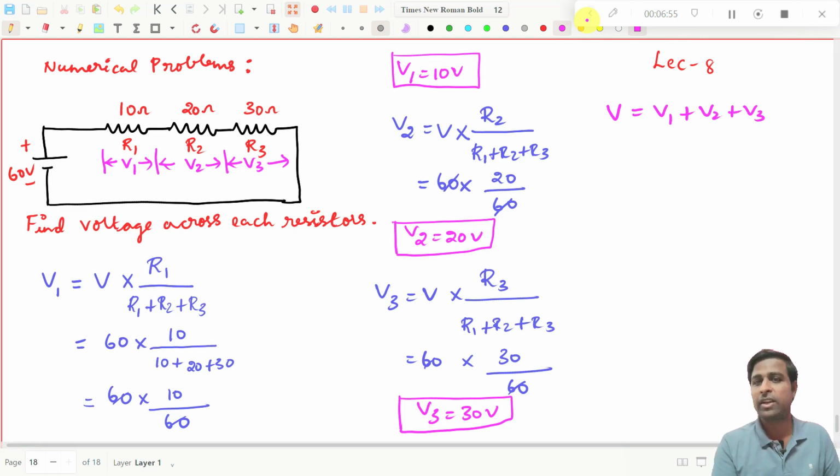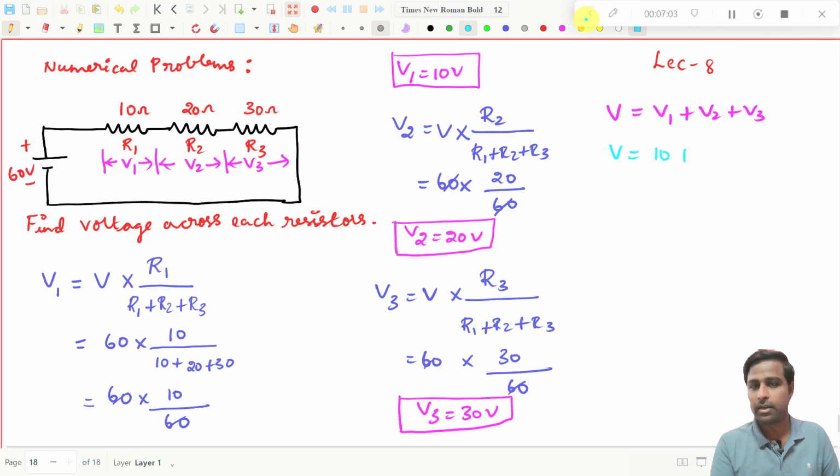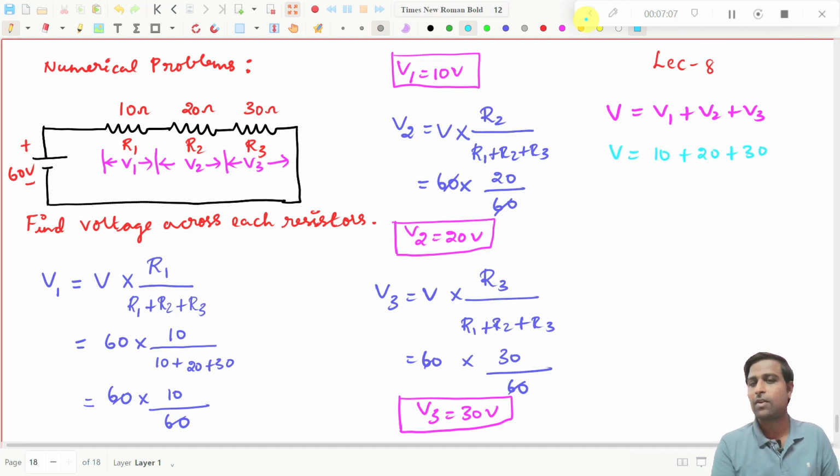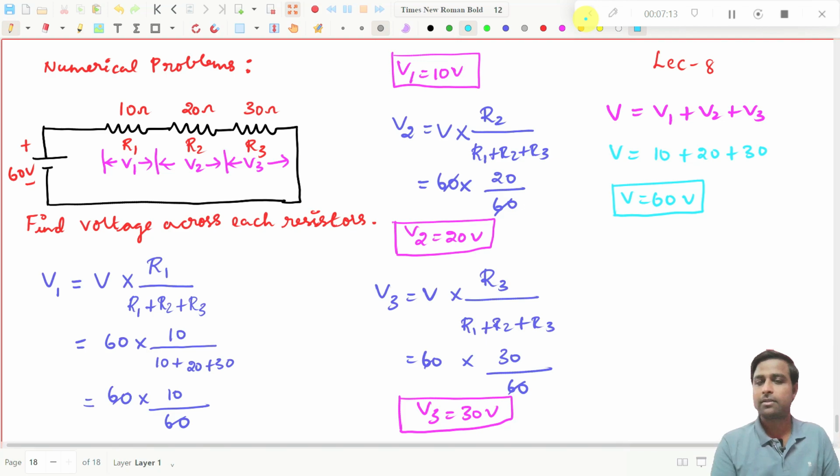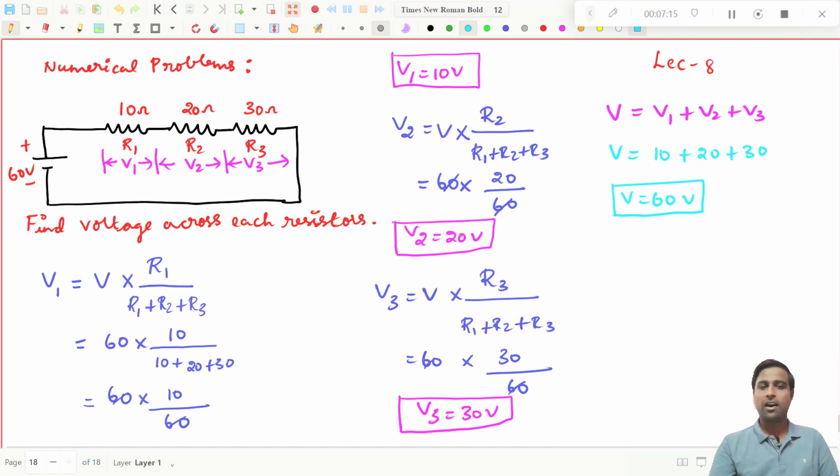This should be satisfied, right? Then what is V? V1 is 10, this is 20, and this we have found as 30. If you add all these, you will get 60 volt. You have to get that, right? So this is how you need to find the voltage across the resistor in a series circuit.